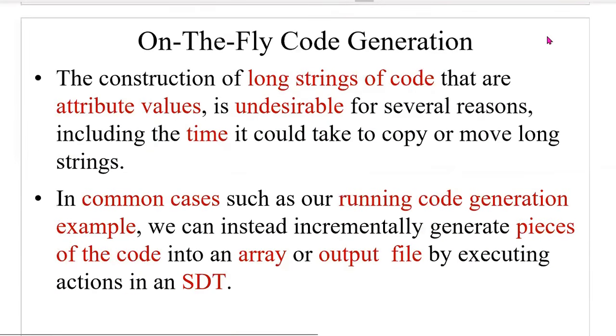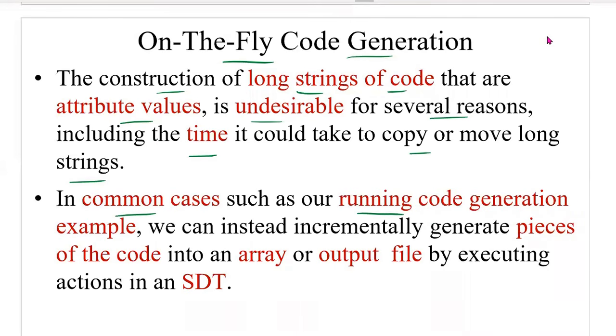Then the second method is on-the-fly code generation. The construction of long strings of code that are attribute values is undesirable for several reasons, including the time it could take to copy or move long strings. In common cases, such as our running code generation example, we can instead incrementally generate pieces of the code into an array or output file by executing actions in SDT.